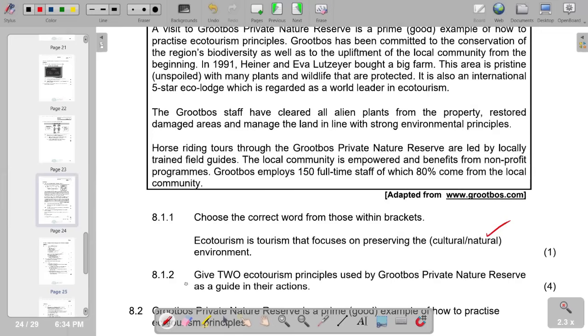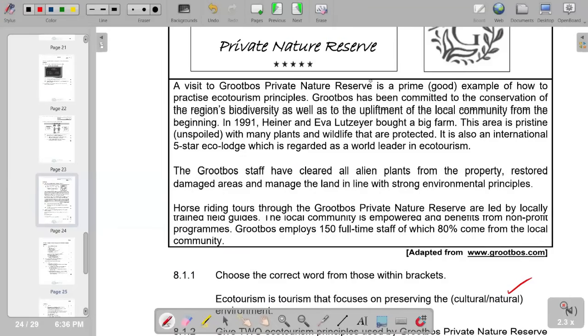Then 8.1.2, give two ecotourism principles used by Groot Bos Private Nature Reserve as a guide in their actions. So we also have to refer back to the information that we are given. So on the sentence, it reads, Groot Bos has been committed to the conservation of the region's biodiversity as well as the upliftment of the local community from the beginning.